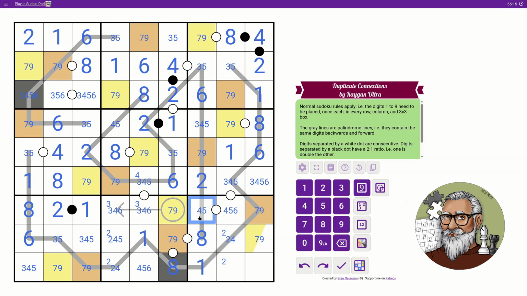Okay. But this can still be a 6, with 2 5s. Okay, so one of these is a 6 still? Yeah, with these.